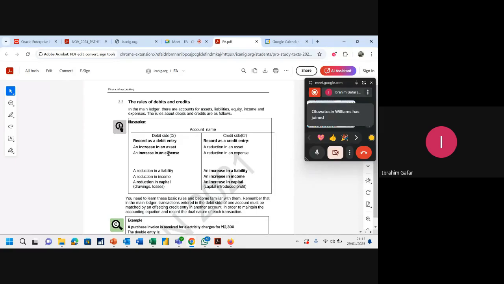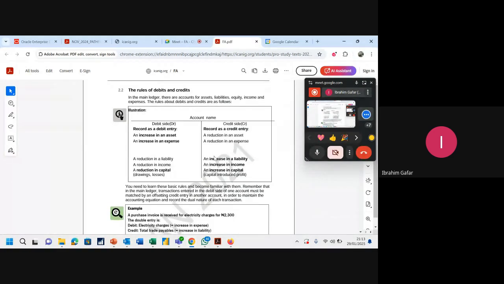An increase in an asset will be debited. An increase in expense will be debited. Then record credit entry when there is a reduction in each of these cases, because you are negating the normal concept that happens in that account, right? All of these are just to put us through what is needed.